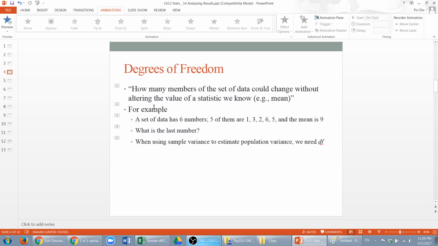So, for example, how many members of a set of data could change without altering the value of a statistic we know? For example, a set of data has six numbers, right? And five of them are 1, 3, 2, 6, 5, and the mean is 9. So, what is the last number?